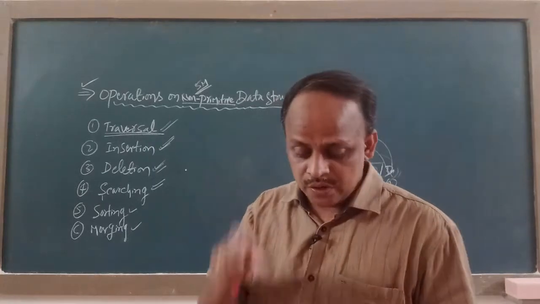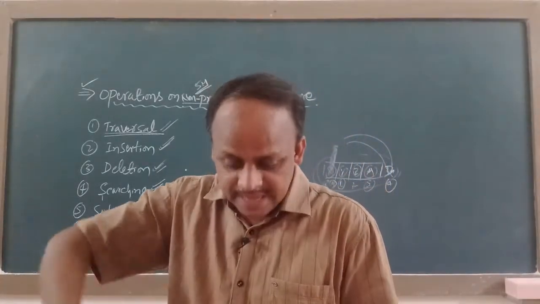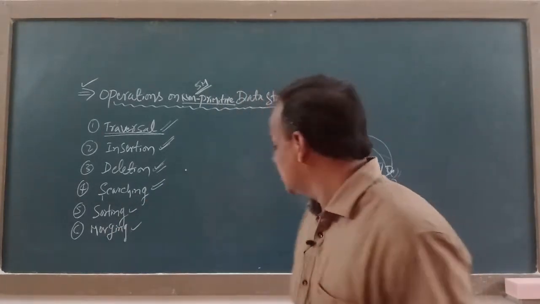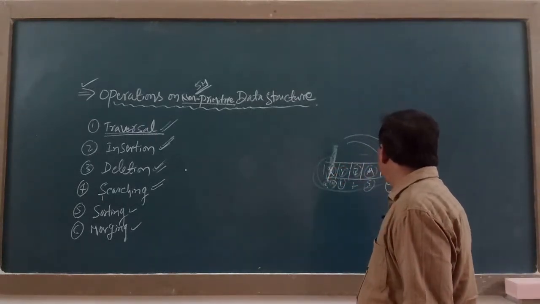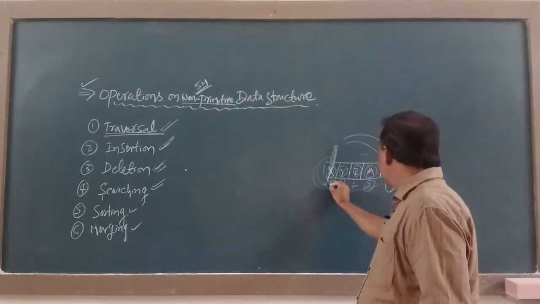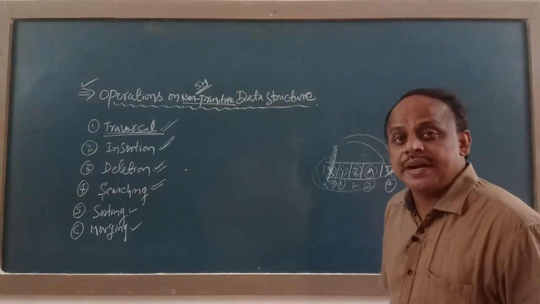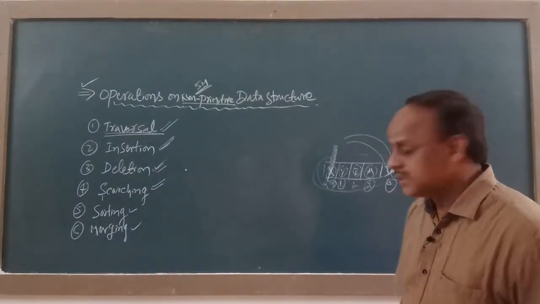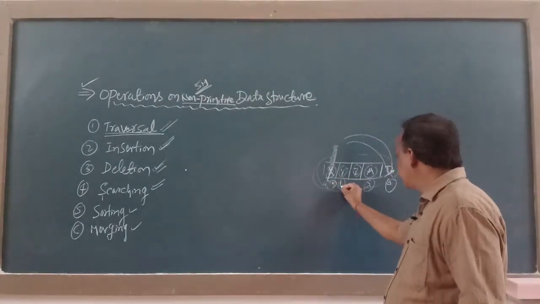For example, here are 1, 2, 3, 4 elements. Array index starts with 0: a[0], a[1], a[2], a[3]. Now our aim is to find where Z is stored. Is Z in a[0]? No. In a[1]? No.